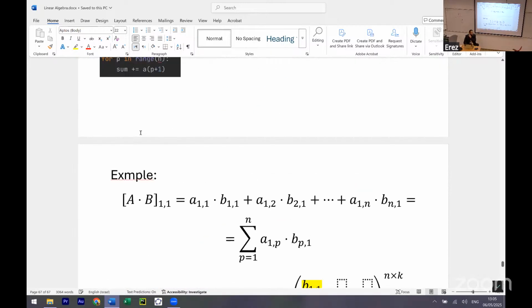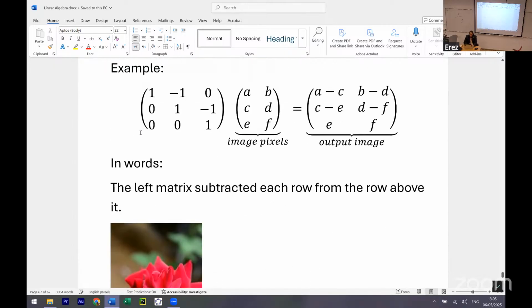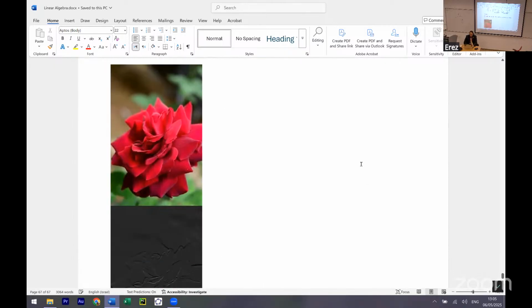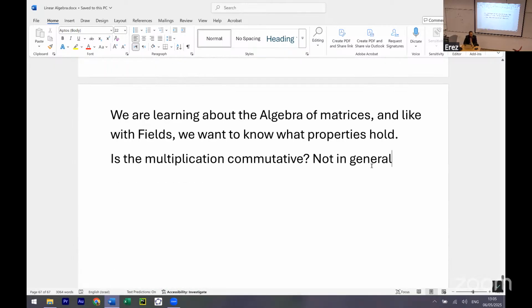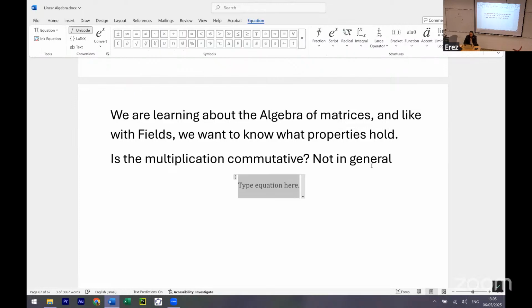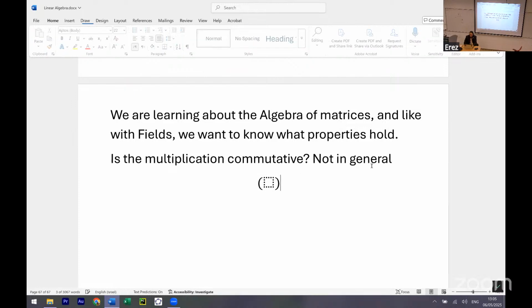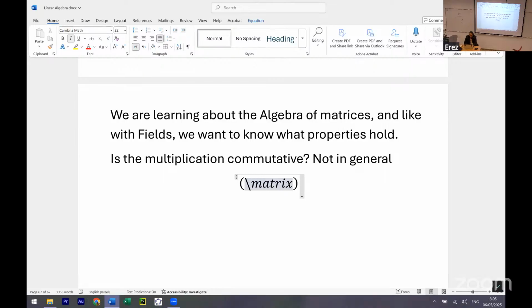Okay, so let's see a quick example now. The multiplication is not commutative. I think I said it by heart in general about the composition of functions, but I didn't show you this specifically for matrices. So this is a very important example.